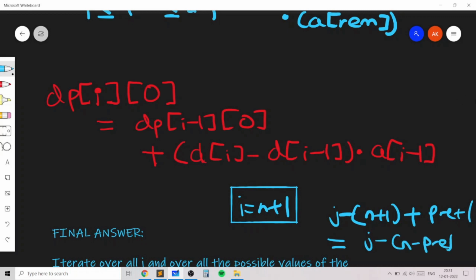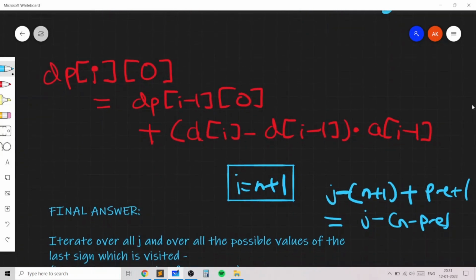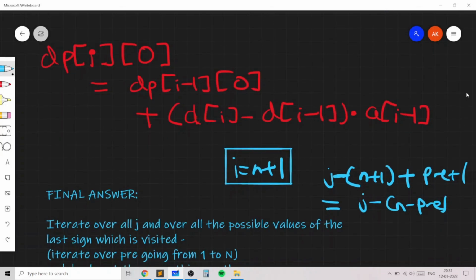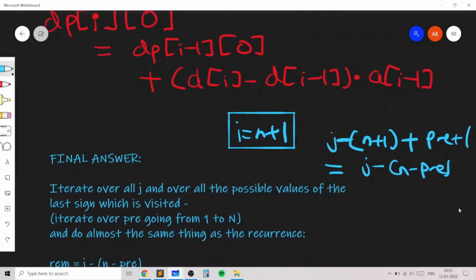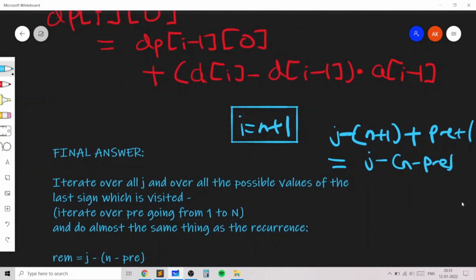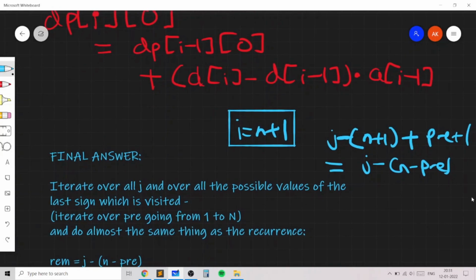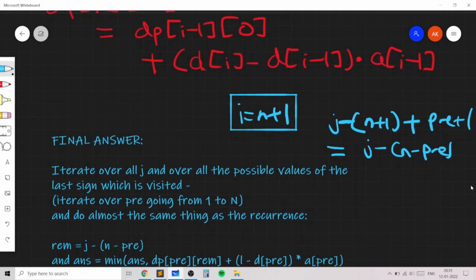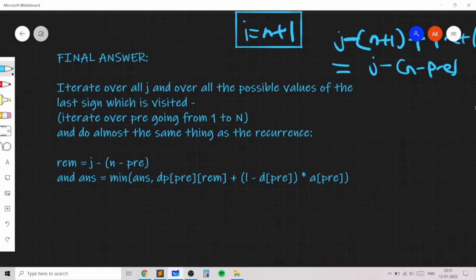Like you could think of it this way. If you expand it, you'll see that this is j minus n, and you have a plus pre. So you could think of it this way, and that's the remaining number of signs which are left. And if this remaining number of signs is greater than or equal to 0, then we set the answer to be the minimum of the answer and the same quantity from the recurrence.